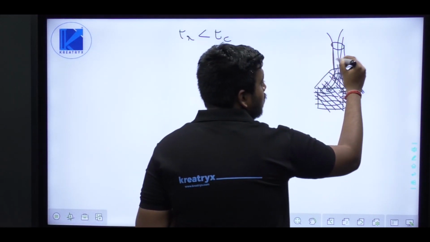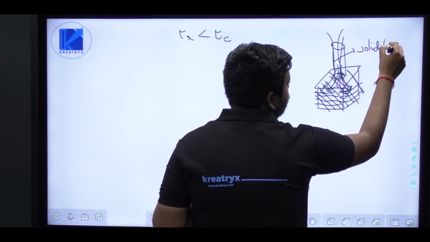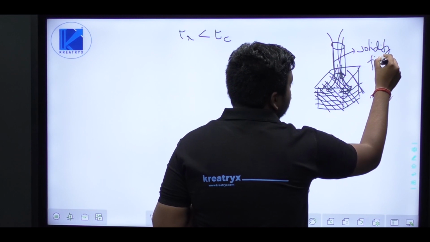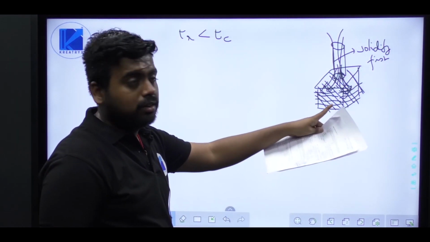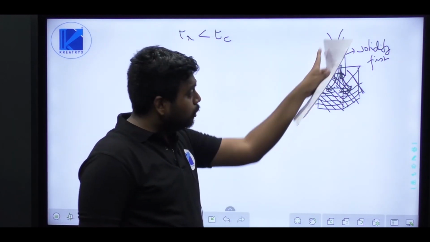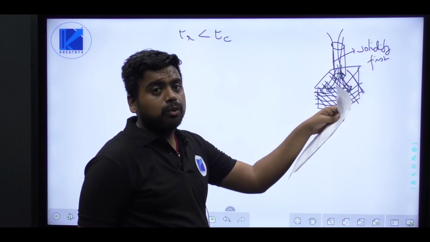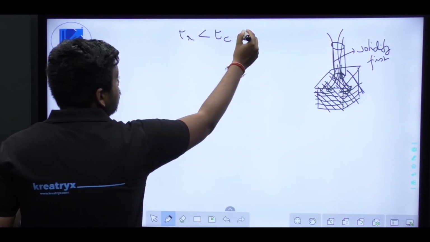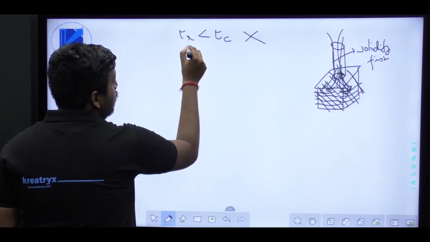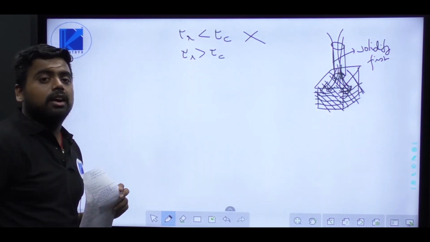The riser will get solidified first, and the metal in the casting will remain in molten state. So what will happen when both of them get solidified? There will be voids in the casting which won't be able to be filled by the riser. That's why the solidification time of riser must be greater than the solidification time of casting.